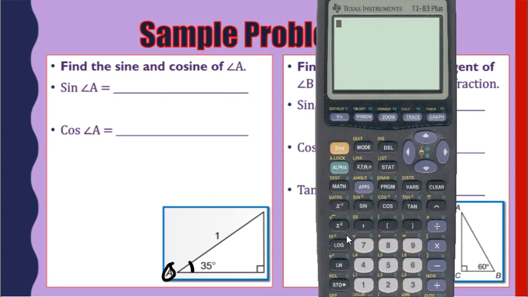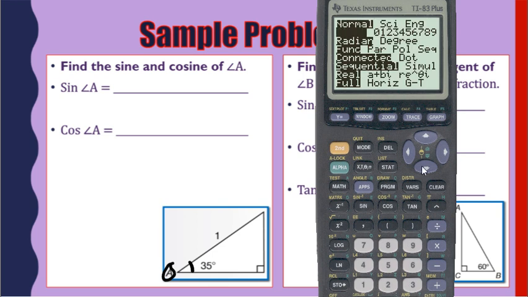So I'll have to hit sine and then the degree, which they gave me, 35, then hit enter. I gotta make sure in my mode, you can see I'm in radians. I need to make sure I'm in degrees.